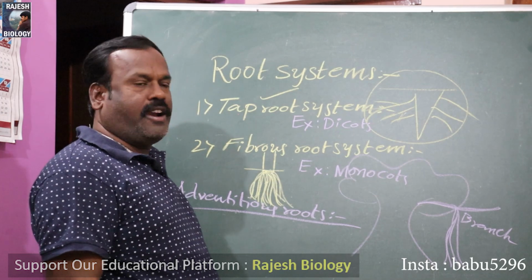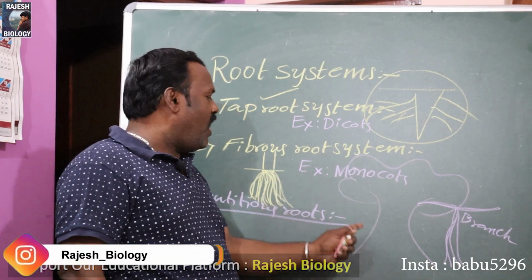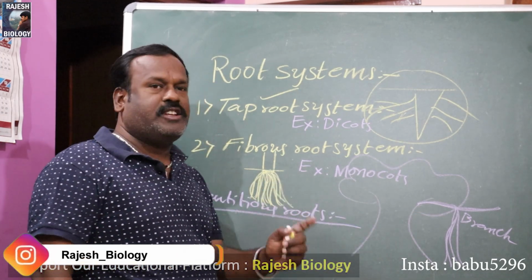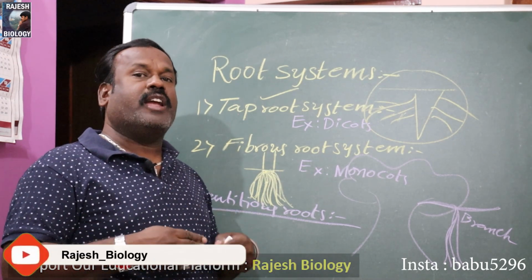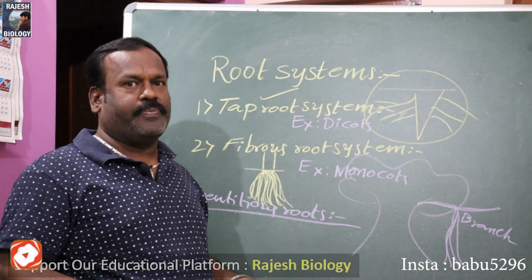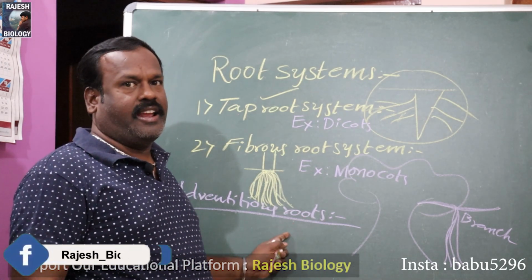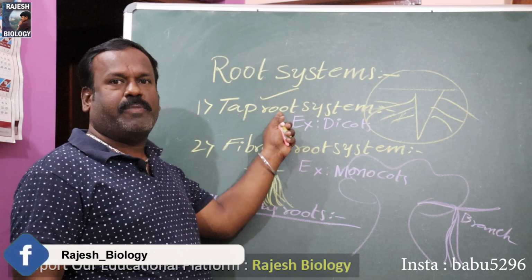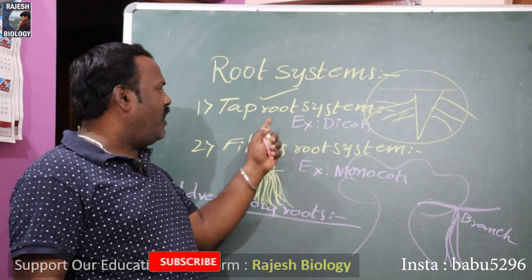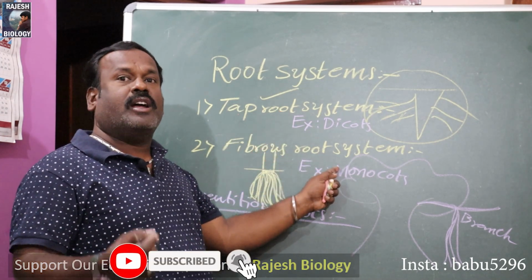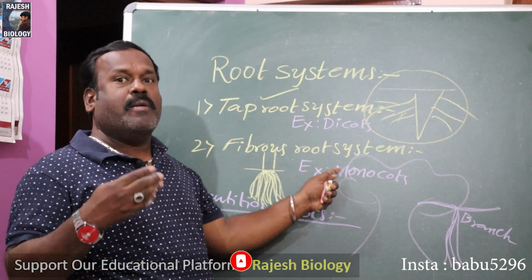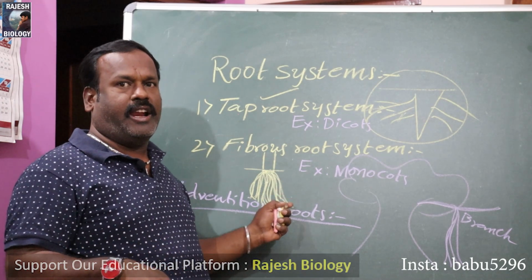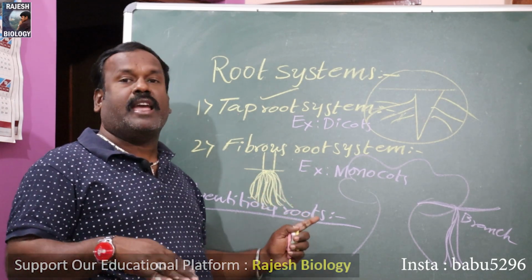According to our definition, adventitious roots originate from any part of the plant body other than the radicle. The radicle is permanent in a tap root system, and in a fibrous root system it is short-lived.